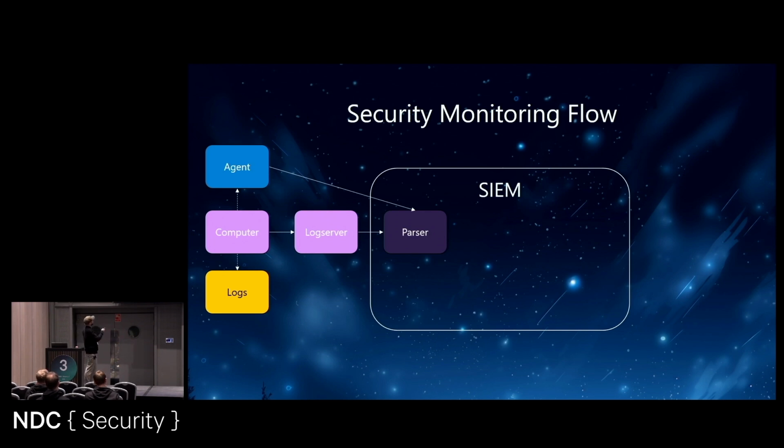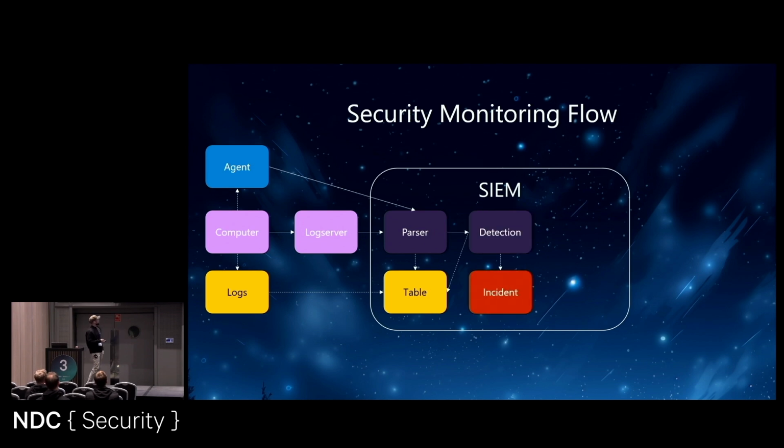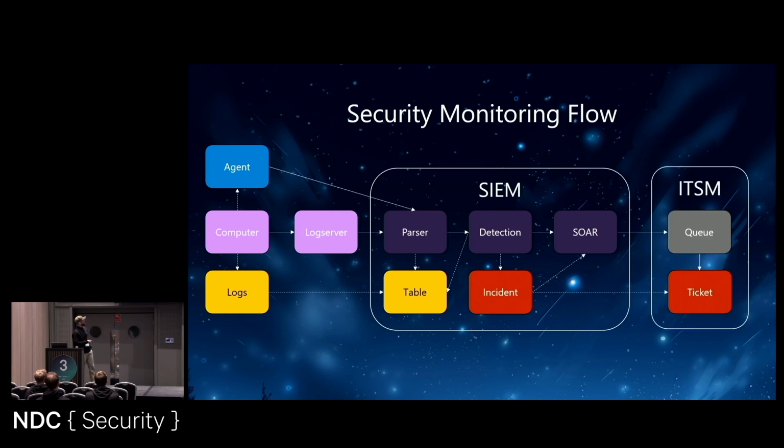The data is parsed into tables or whatever you call them, but this is basically just a searchable representation of the logs. Then we have the detection, which queries the tables and generates alerts and incidents. The incidents are then handled by automation, and can be sent on to ITSM tools and the like. This is very, very high level how security monitoring works.